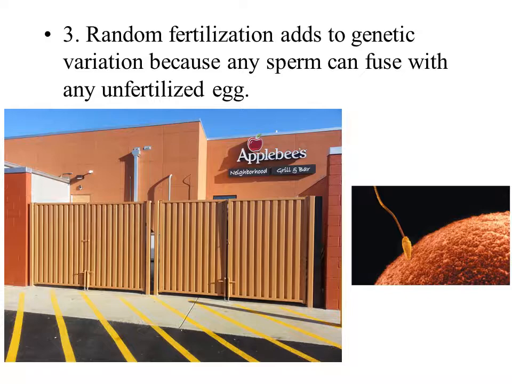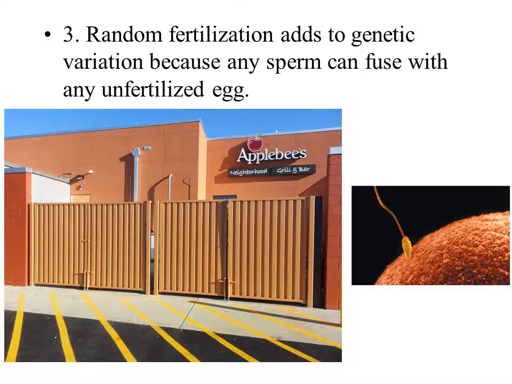Back in the day, you had slave masters that wanted to have a genetically superior individual, so they would take people that had certain traits and cross them with other individuals with certain traits. So that doesn't happen as frequently now. Now anybody can fertilize anybody. So that is also going to create genetic variation.